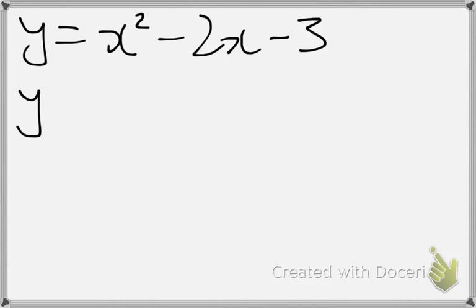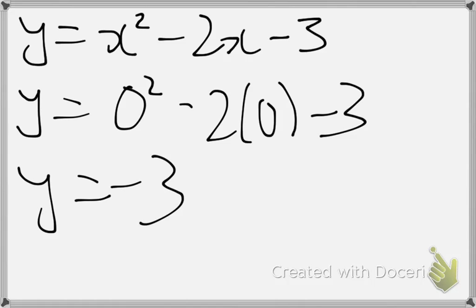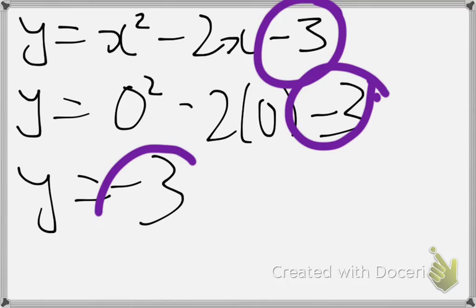So this simply becomes y equals 0 squared minus 2 times 0 minus 3, or simply minus 3. In other words, it is always the constant term, the term with no x's.